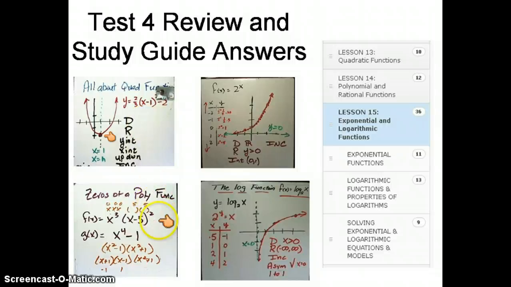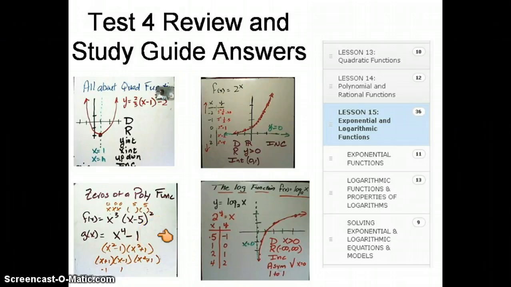Then we moved to the next level, which was polynomial functions. And polynomial functions are of a higher degree. So this was x squared. Now we have x cubed, x to the 4th, and so forth. And here is a polynomial function that's factored, and here it's just given to you.